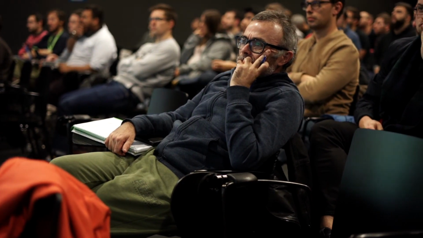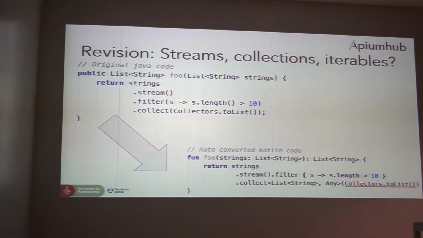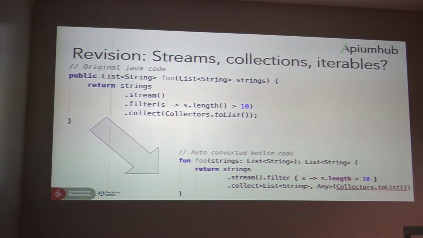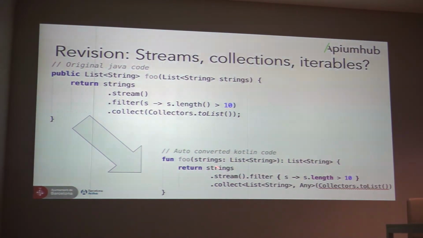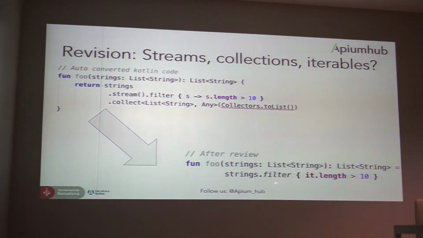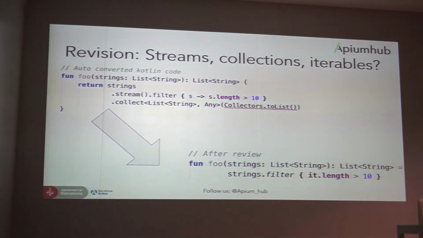So what about streams and collections? In this case, when I convert it automatically, something is wrong here, and it's not working straight away. You see, this is the thing that I was telling you about. So you do stream.filter and then collect, etc. So you convert it to the native way of doing it, which is stream.filter.